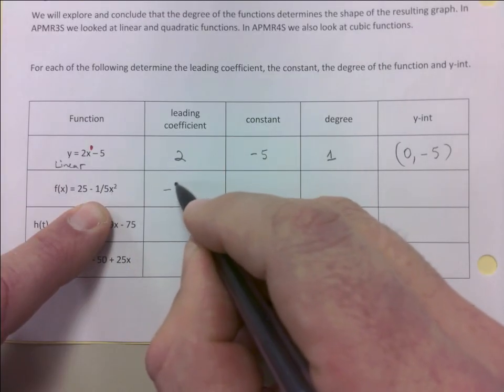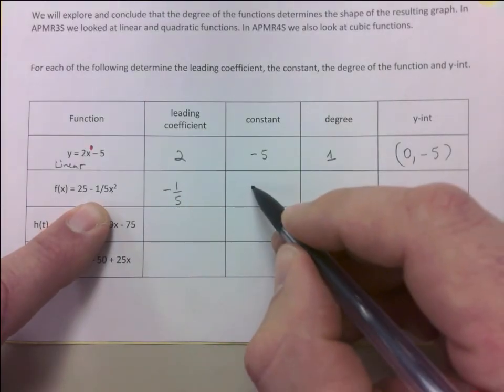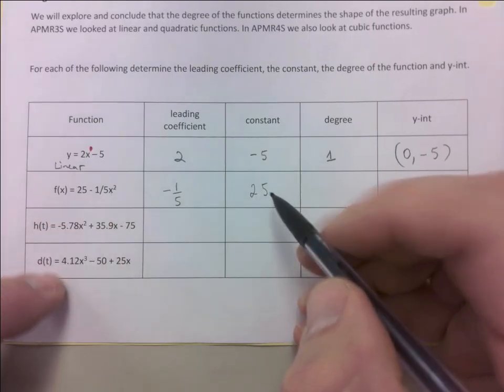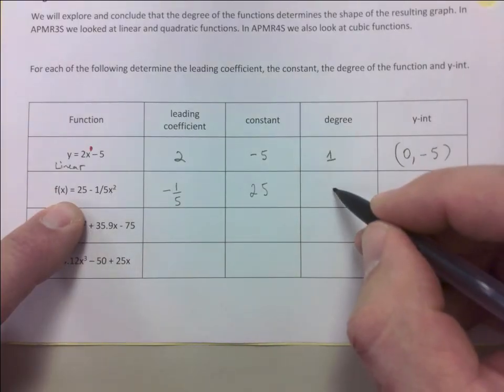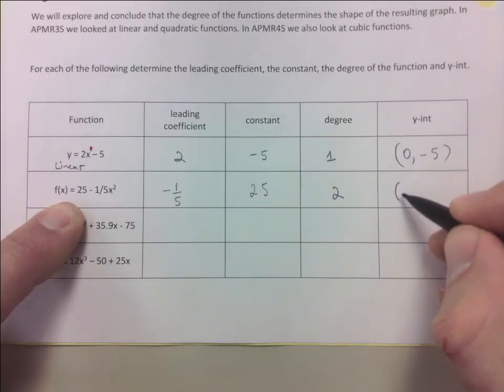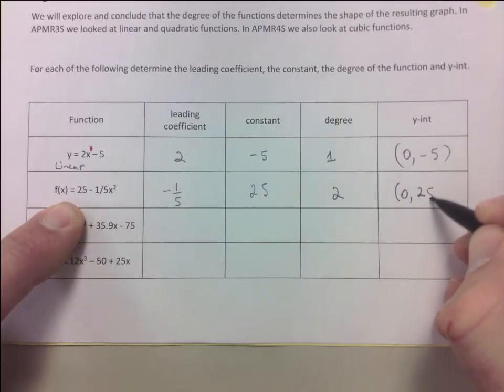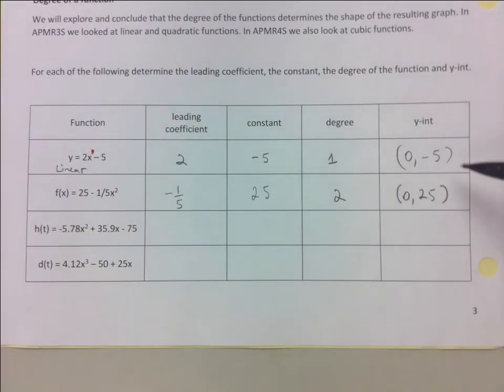So leading coefficient is -1/5. Constant is +25. It's just that number hovering by itself. The degree is 2 in this case. And the y-intercept is simply 0, 25. So get this, you know for sure just by looking at it that this curve is going to go through this point. You're guaranteed that.